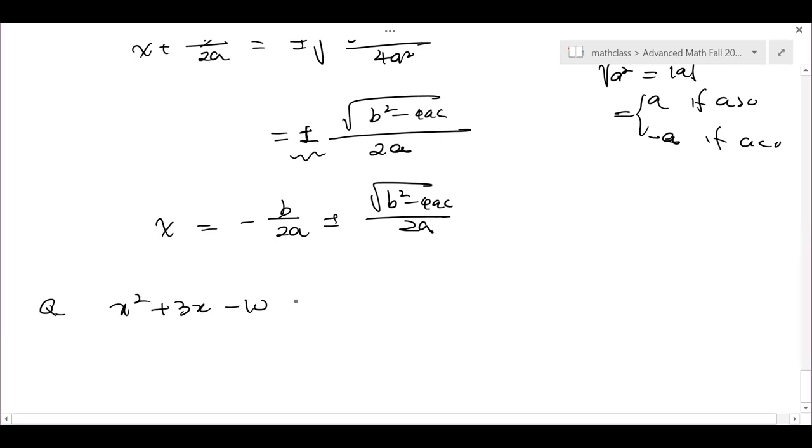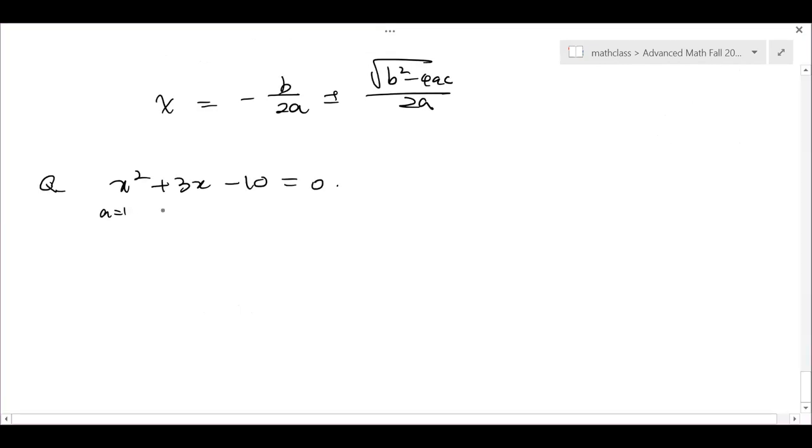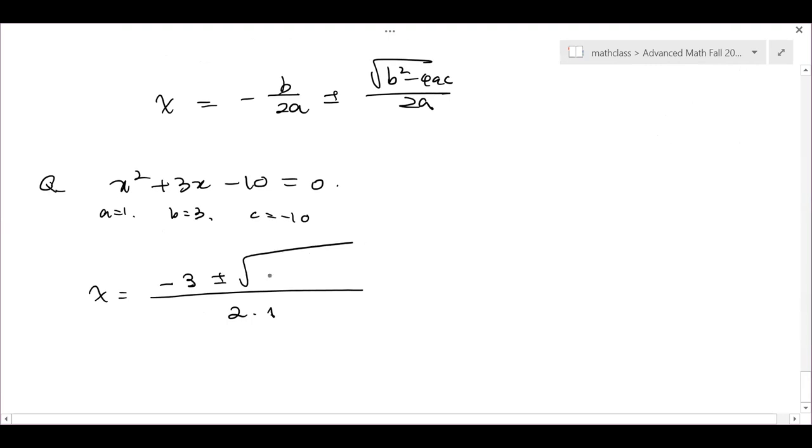x squared plus 3x minus 10 equals 0. Using the quadratic formula, your a is going to be 1, b equals 3, c equals negative 10. So the equation is going to be negative b plus or minus the square root of b squared, 3 squared, minus 4ac, all over 2a.